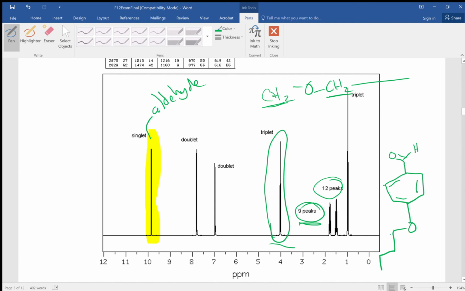Here we have a CH2 that's next to a CH2 and next to a CH3, which would give us 12 peaks. And finally, this methyl group is next to 2, would give us a triplet. So this looks like it's a pretty good bet for our structure. We're just going to take one final step and look at our carbon NMR and confirm it.